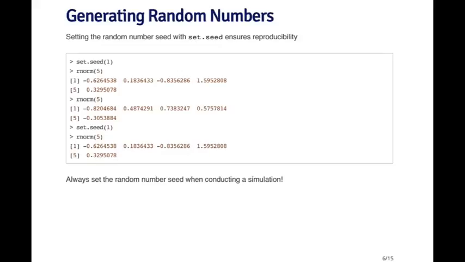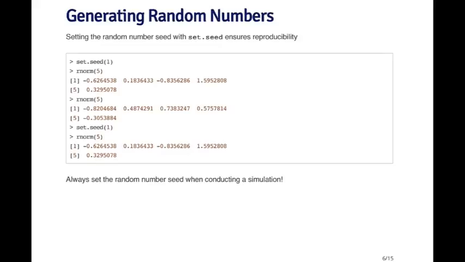So when you set the seed, it kind of sets the sequence of random variables that's going to occur. And if you reset the seed, you set the sequence to go back to where you started. And then it will continue to generate random variables from there. This is important because it allows you to reproduce the random numbers that you generate. Now that might sound strange, because why would you want to generate the same random numbers twice?